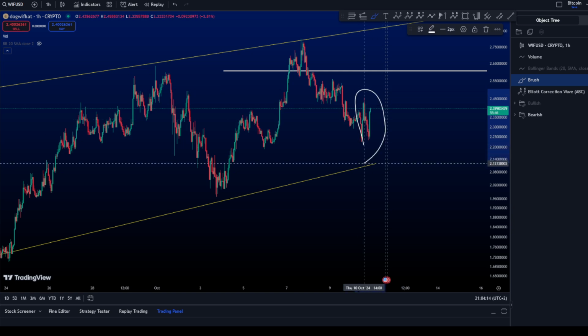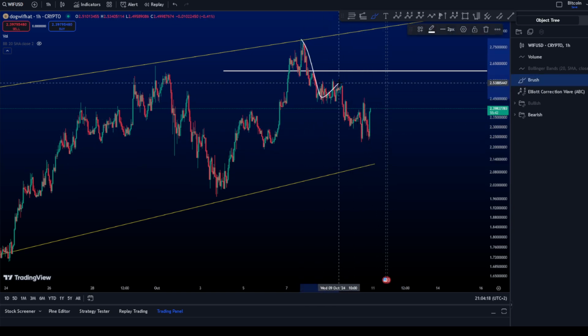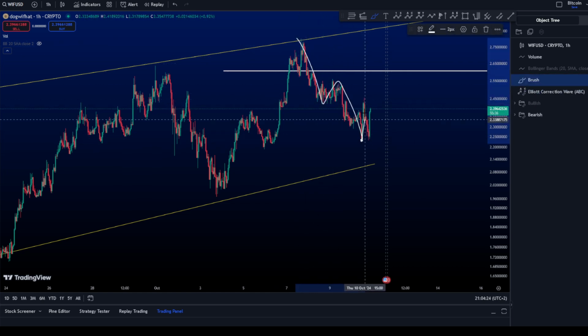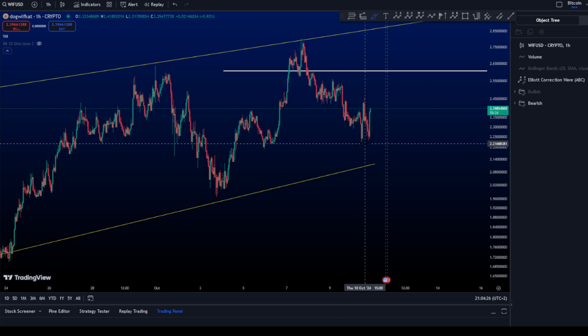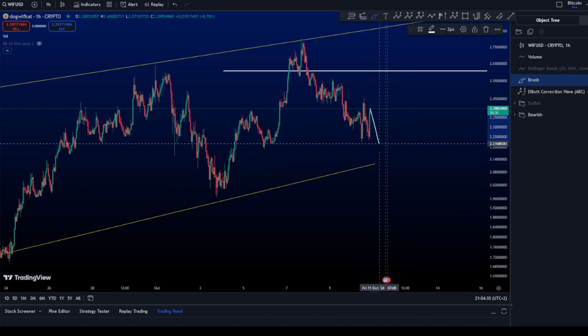So more data, more information is needed here to say what exactly that is. Is it a 1-2-1-2, or is it just a zigzag, and we are looking towards the upside? Because here we have reached, by the way, the 0.886, and that says that we're going to take the low again here, and probably move even lower.